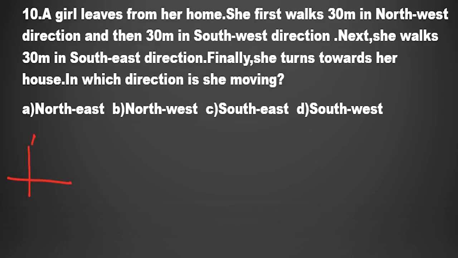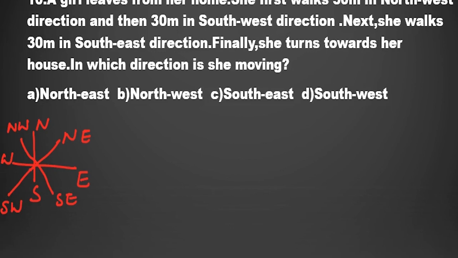Last question. The directions are north, south, east, west, northeast, northwest, southeast, southwest. A girl leaves from her home. She first walks 30 meters in the northwest direction.